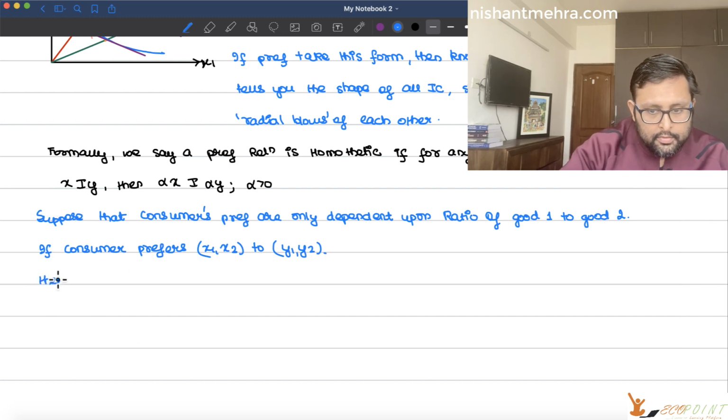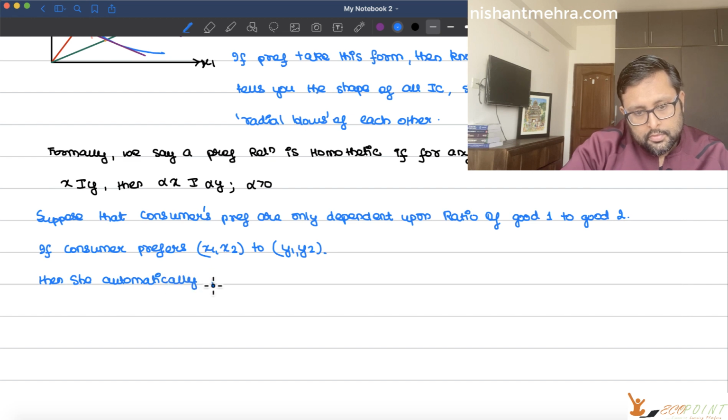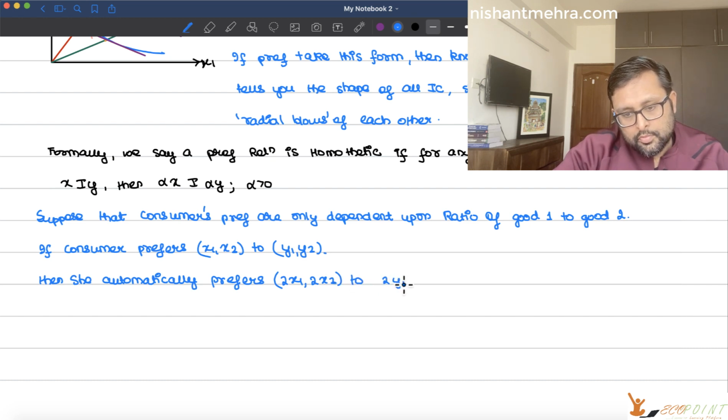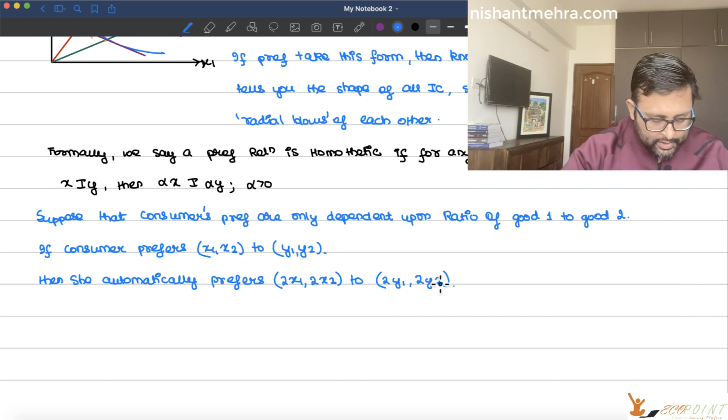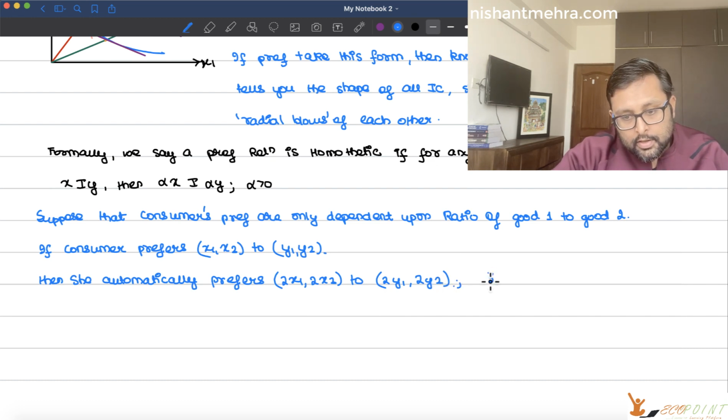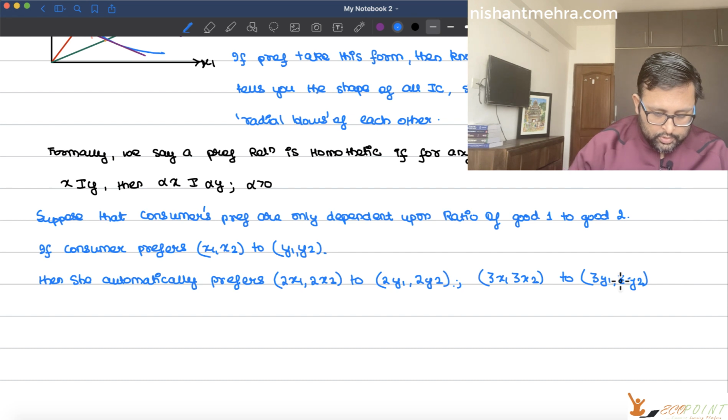She prefers 3x1 3x2 to 3y1 3y2. The ratio is same, right? So and so on.